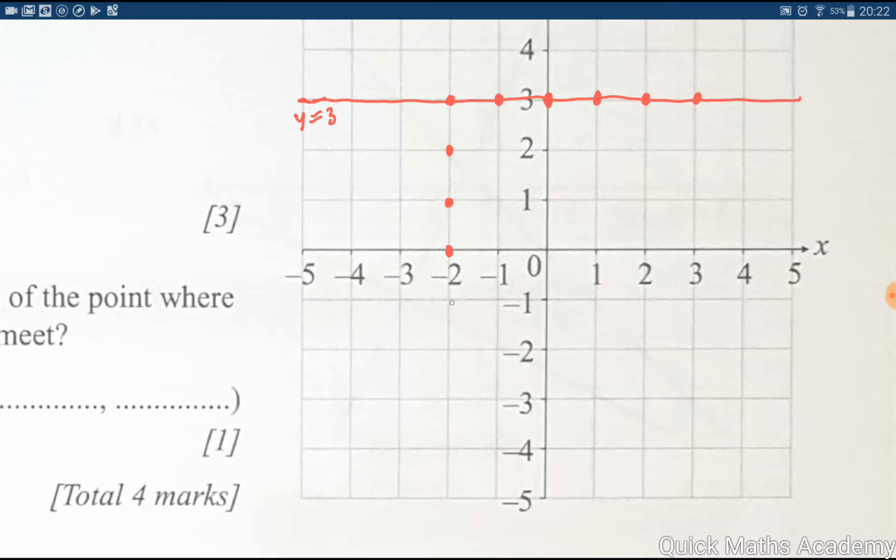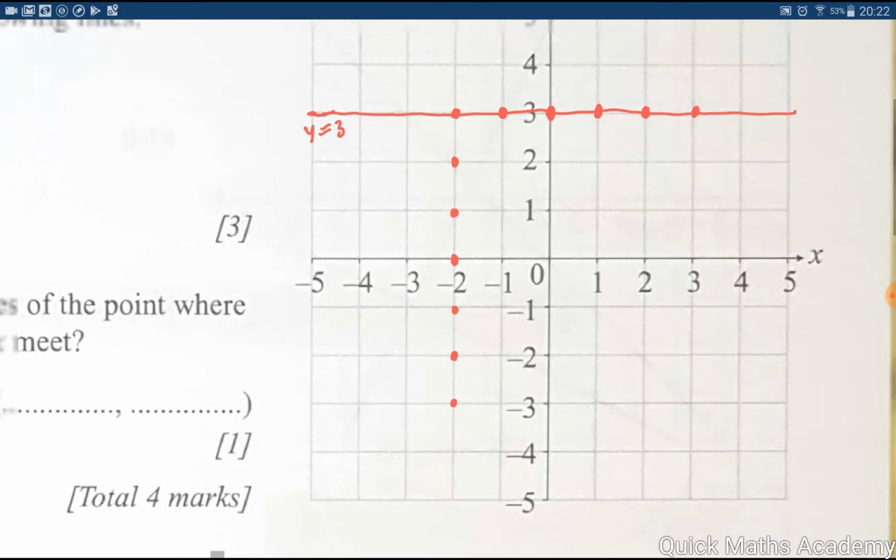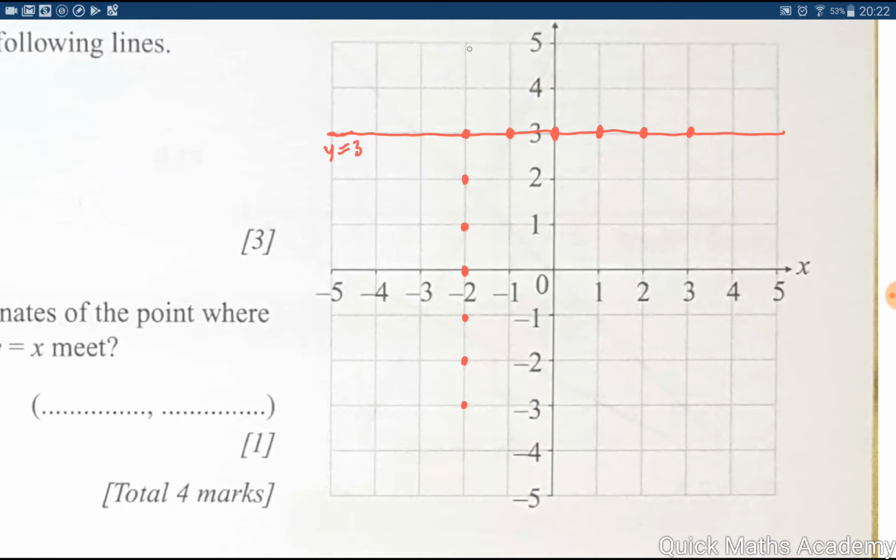On this side I have -2, -1, -2, -2, -2, -3. So you can see all the dots in this line here, they have the first coordinate -2. So this is my line x equals -2.